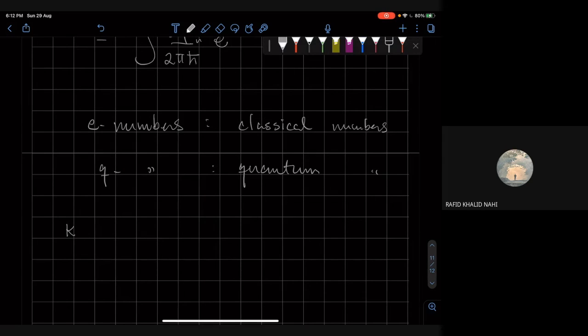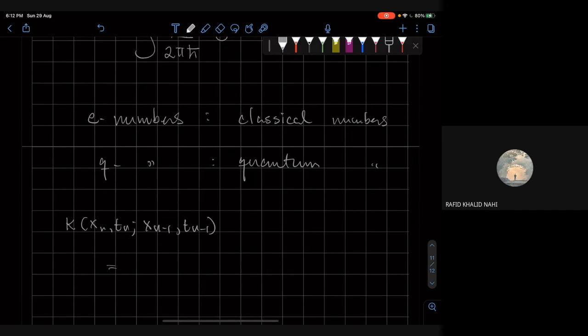So K of x_n, t_n, x_{n-1}, t_{n-1} is going to be, all these terms have 1 over 2 pi h bar and an integral over p. You can call it p_n if you like.